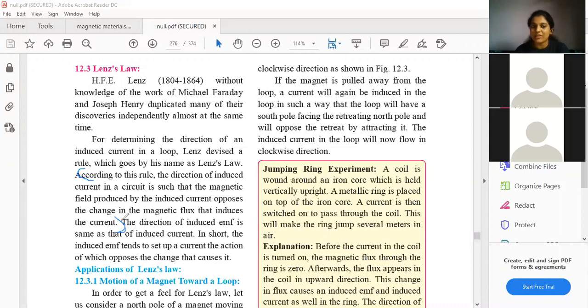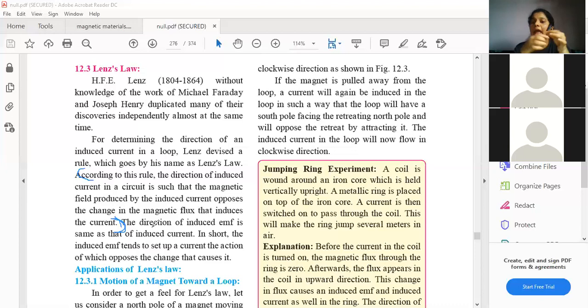This statement is a little bit confusing. See, because of a changing magnetic field, current is induced in the coil. I hope you have understood till now. A very simple statement: when the magnetic field is changing around the coil, at that time current is induced in the coil. Now students, we know that flowing current, I hope you remember the right hand thumb rule, where we have a wire and there is a current flowing in that wire, and if I hold that wire like this, my thumb indicates the direction of current and the curled fingers indicate the magnetic field lines.